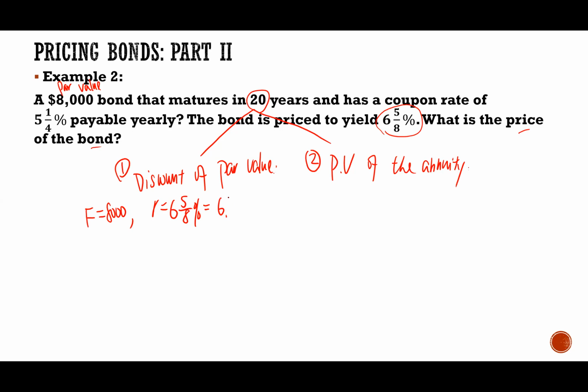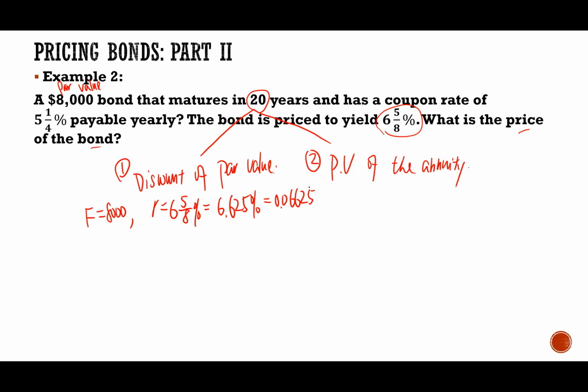Let me double check. Yes, it's 6.625%. That's the market rate, and turning it into a decimal would be 0.06625.